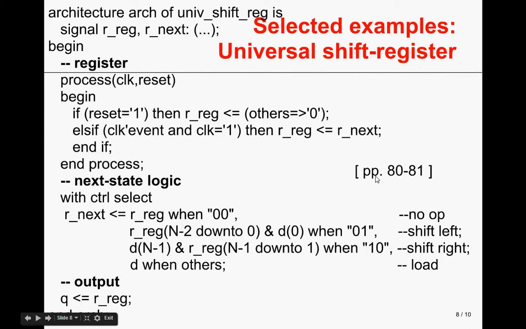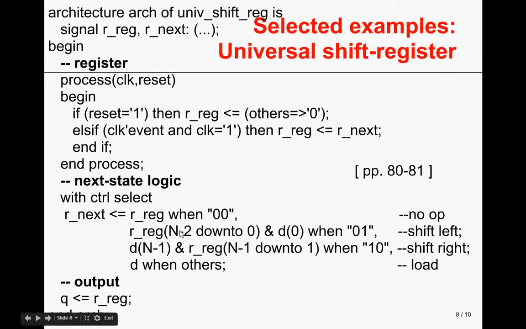So in this case our shift register will have n parallel inputs and n parallel outputs, and we can load the inputs to the outputs directly and then start shifting left or right. The way we define the next state logic, as indicated here, is that the next state will take the value of the current state when both control inputs are at 0. If that is not the case, and they take the value 0, 1, meaning that we shift left, then we discard the most significant bit, which was n minus 1.